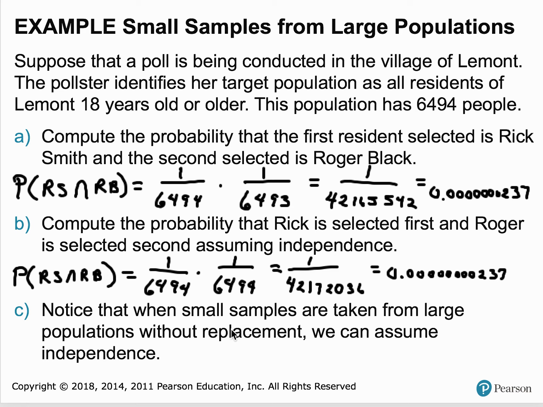So our point is, when small samples are taken from large populations, even if it's without replacement, we can assume independence. That's going to be important later. So this answer is just as good as the exact answer. As a matter of fact, they appear to be nearly exactly the same.